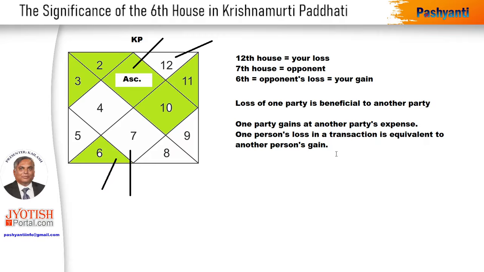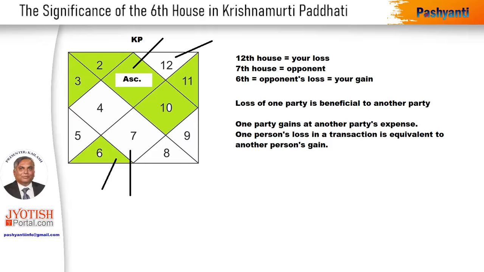This is also a part of the modern enterprise or the modern economy, where many times when two persons are transacting, one person is losing and the other person is gaining. So when it comes to the 6th house denoting your open enemy, the open enemy is not the enemy that is holding some kind of a weapon and charging towards you.